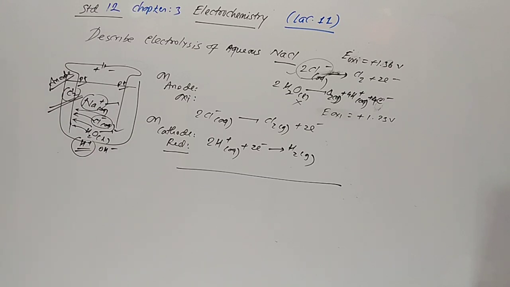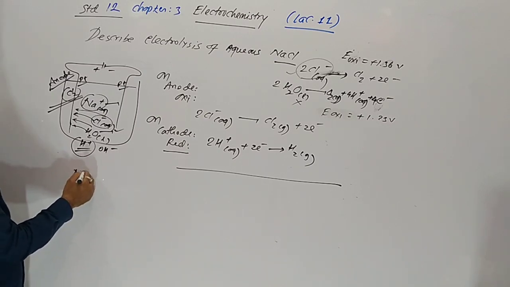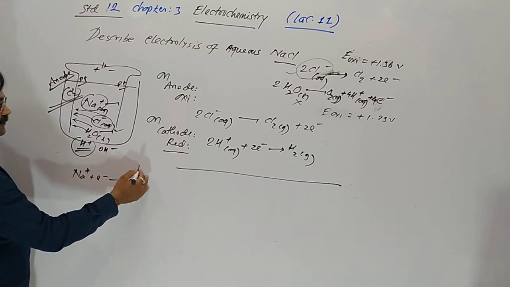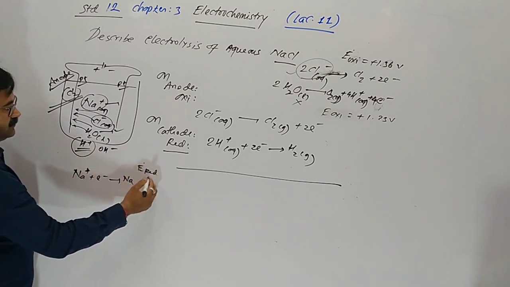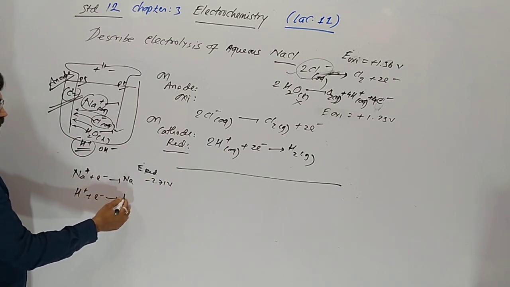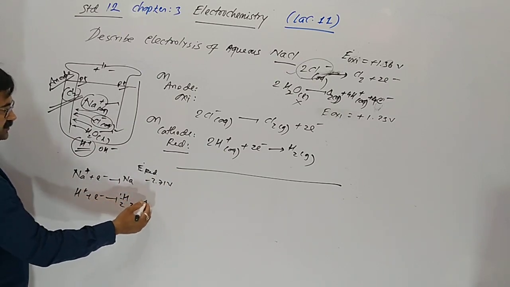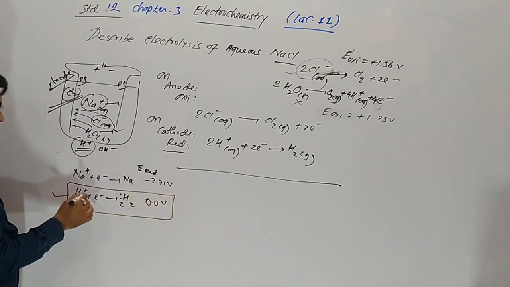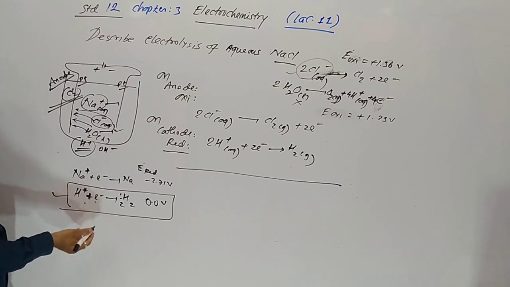Why? The reduction potential of Na plus is minus 2.71 volt, and the reduction potential of hydrogen is 0. So which one is higher? Yes, H plus has the higher value of reduction potential.